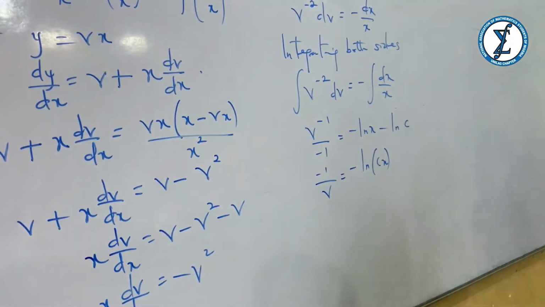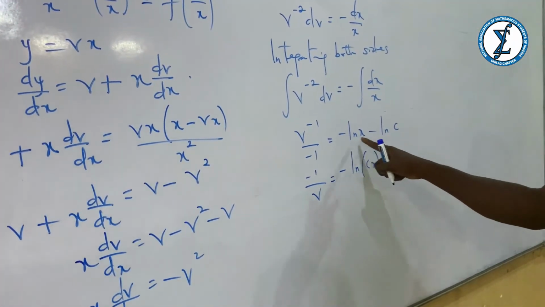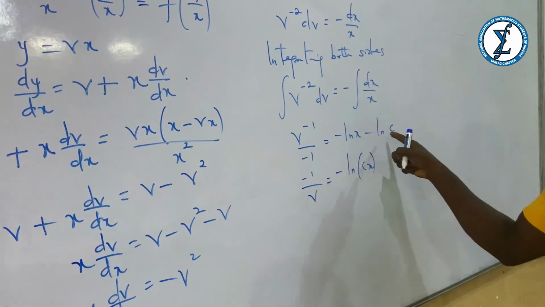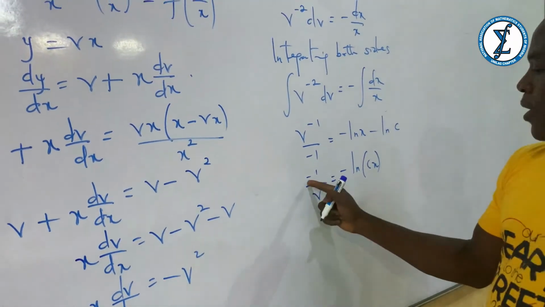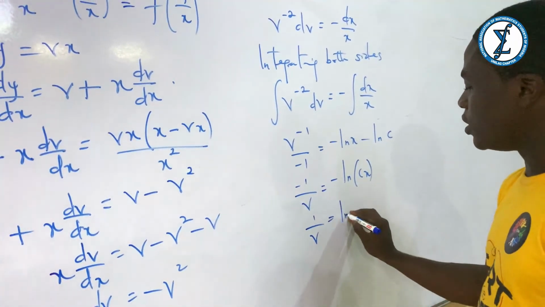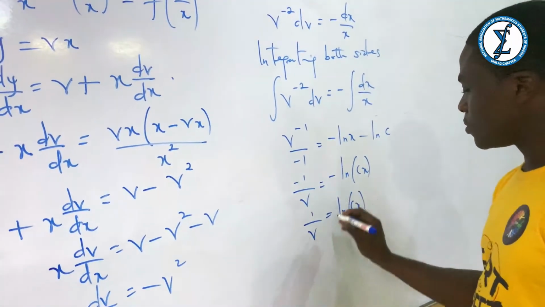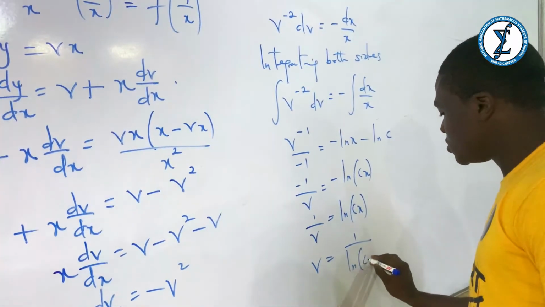Logarithm. I'm factorizing the minus, so you have minus ln c plus ln x, and you have ln cx. So our minus here can go away with this minus. We have 1 over v equal to ln cx. Your v becomes 1 over ln cx.